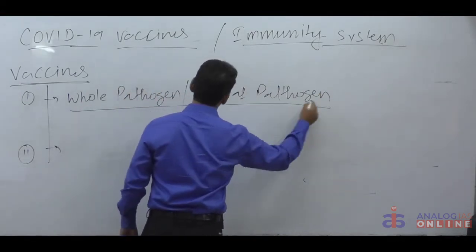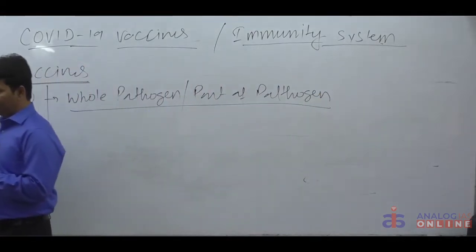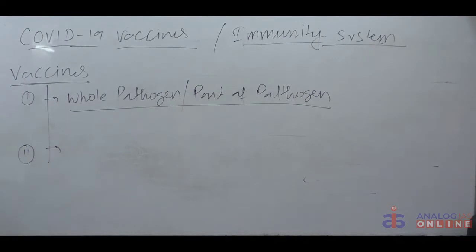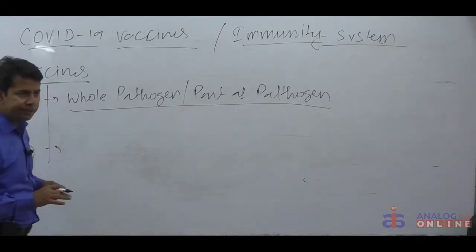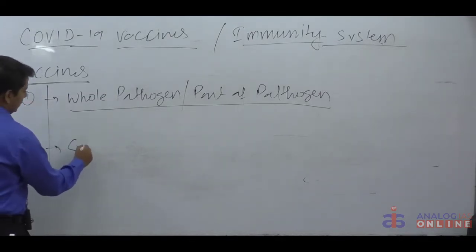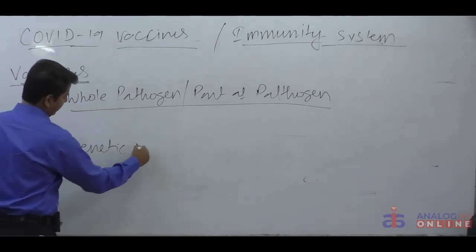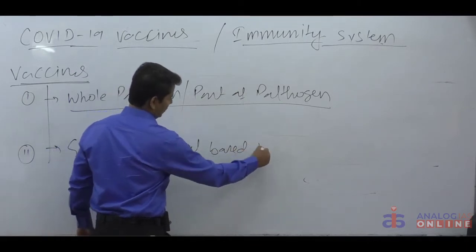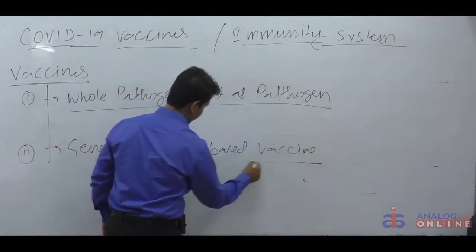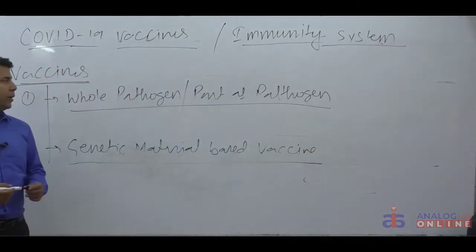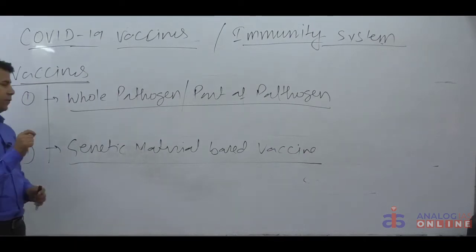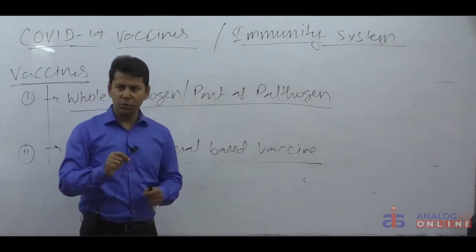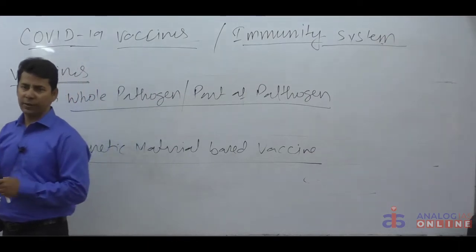We all know that the most traditional way of making a vaccine is to use the pathogen itself, use the virus itself, right? And the second one is using a genetic material based vaccine. So one approach of vaccine development is to use the same pathogen that you want to fight with.